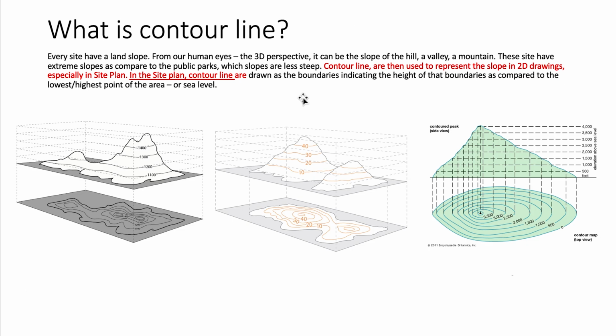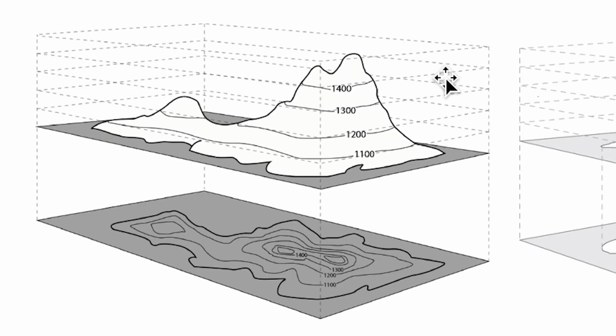If you look at several drawings within my PowerPoint, you see that a contour line is basically a slice through the slope of the site, and it has a number.